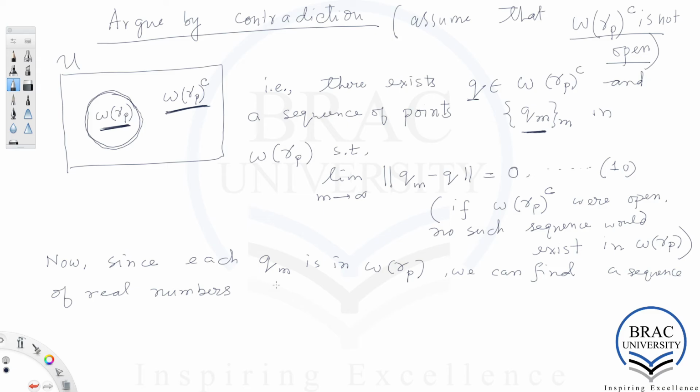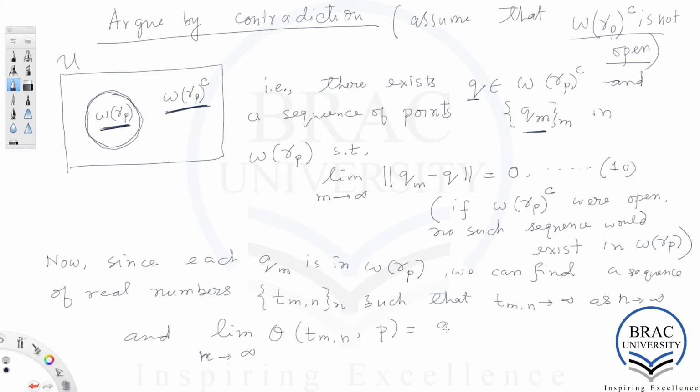The sequence is indexed by two natural numbers, but we are only going to vary the latter one, t_{m,n}, and we are going to vary n, such that t_{m,n} goes to infinity as n approaches infinity, and the limit as n approaches infinity of theta(t_{m,n}, p) is equal to qm.